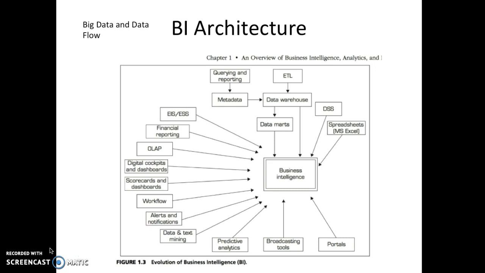And there are many other types of support systems to get data from: executive support systems, enterprise support systems, financial reporting, online analytical processing and cubes, different types of dashboards and scorecards, workflow information, alerts and notifications, data and text mining, broadcasting tools, and portals.